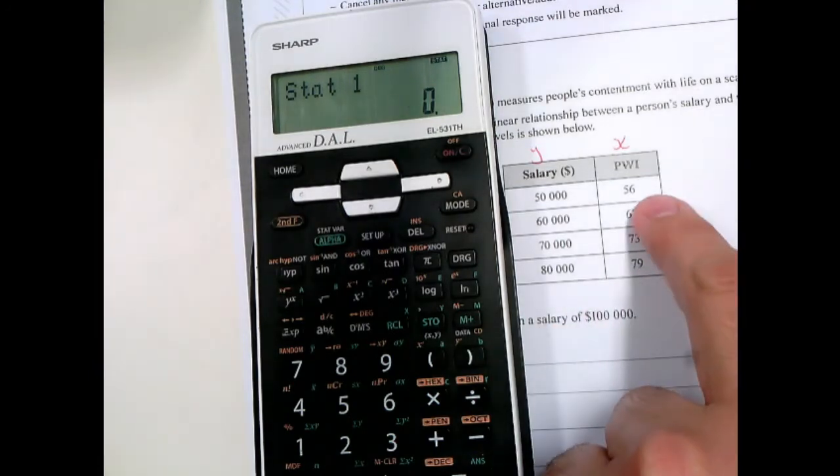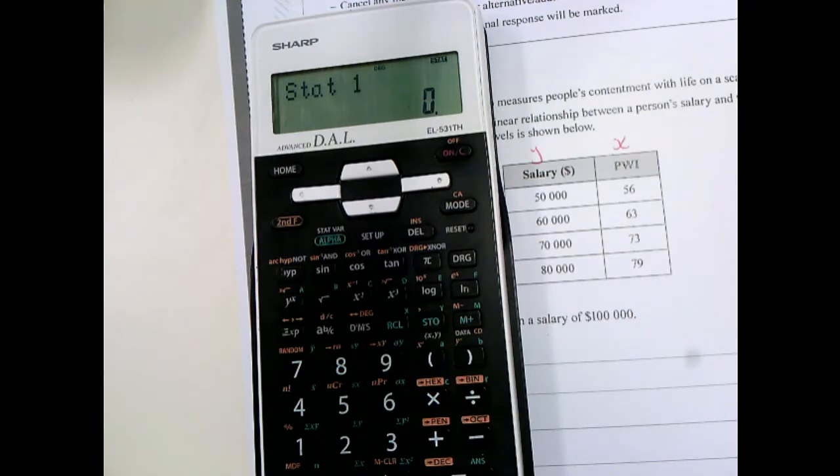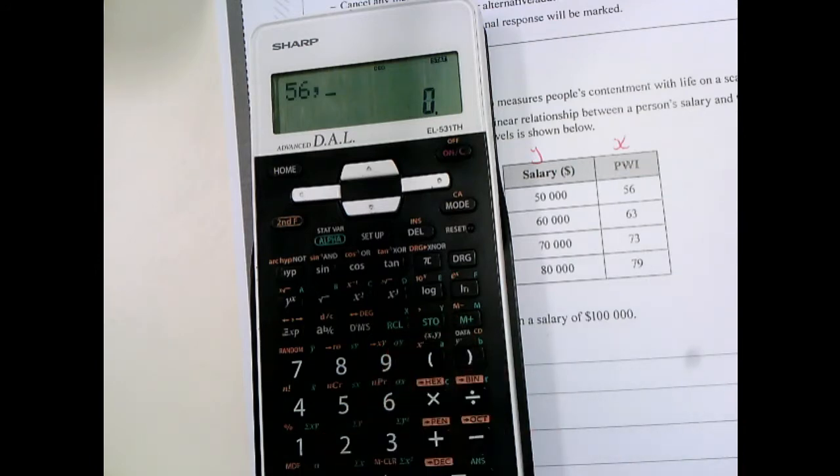The data being x, y, x, y, x, y, x, y. To put these in as x, y, 56 is our x coordinate, and above the STO there's a comma to separate the two, a little bit like when we write down ordered pairs. So we'd go 56 comma 50,000, and then M+, like we do with standard deviation.